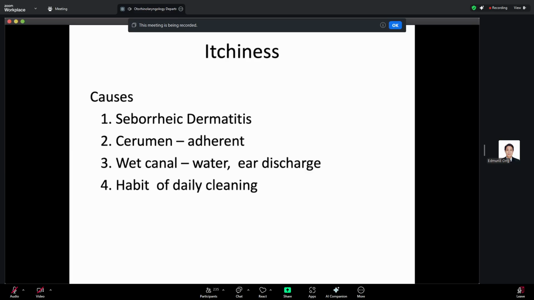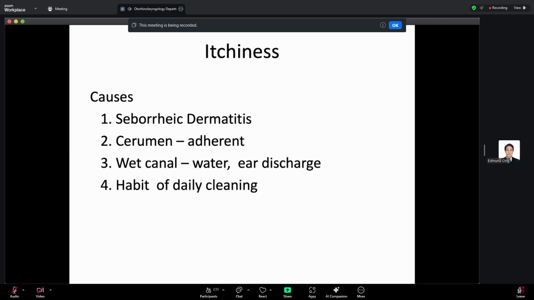Another problem that patients will present with is itchiness. There are a lot of causes for itchiness. It can be eczema, seborrheic dermatitis, cerumen that is adherent to your ear, or a wet canal. Sometimes a little water enters the ear, and then they think it is infectious in nature. Cleaning can also cause itchiness.